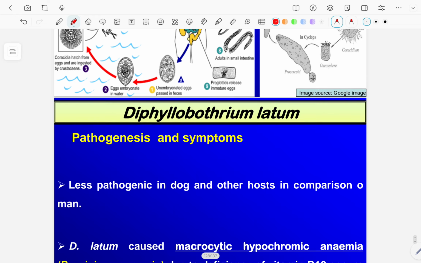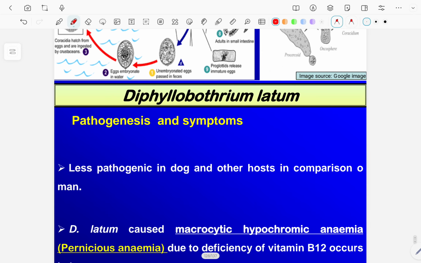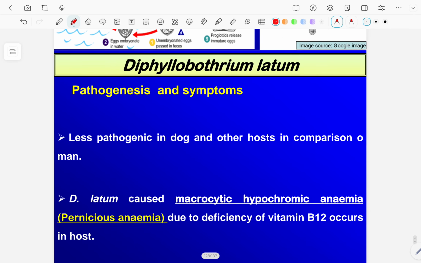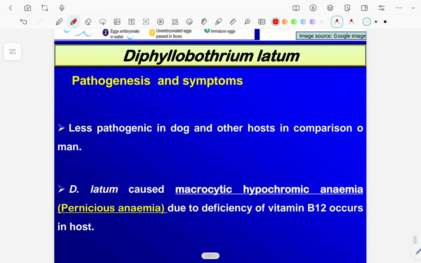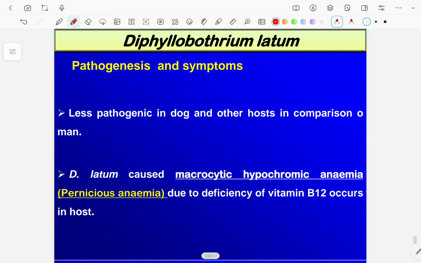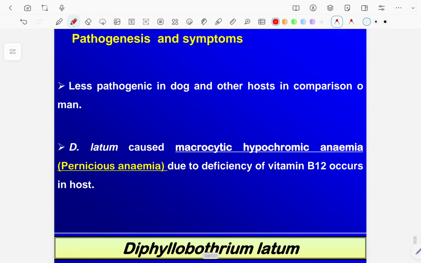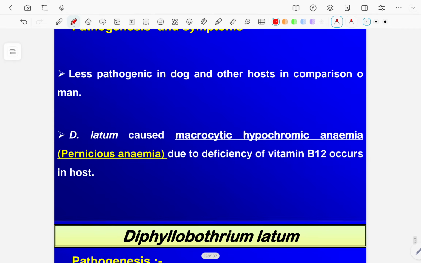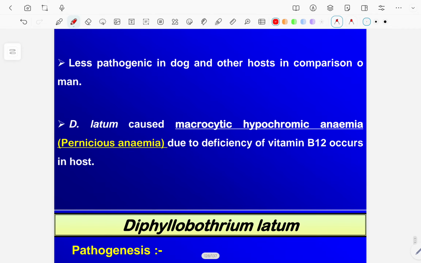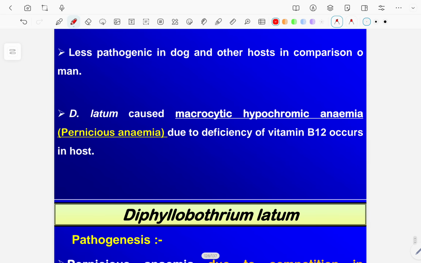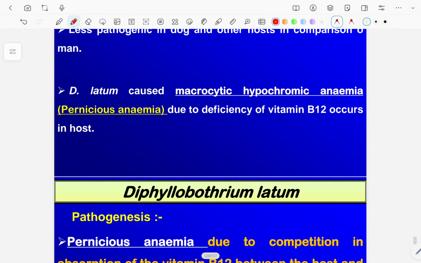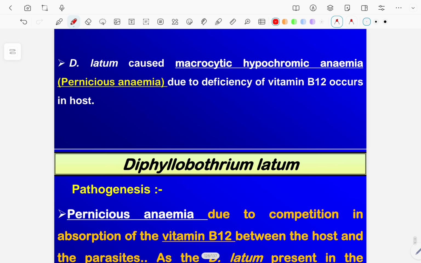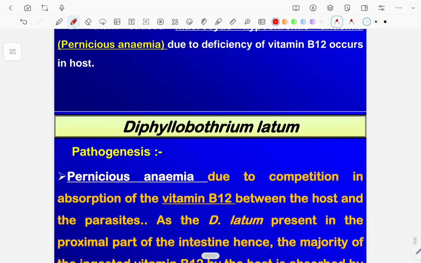Diphyllobothrium latum pathogenesis and symptoms. It is less pathogenic in dogs and other hosts in comparison to man. D. latum causes macrocytic hyperchromic anemia; pernicious anemia due to deficiency of vitamin B12 occurs in the host.